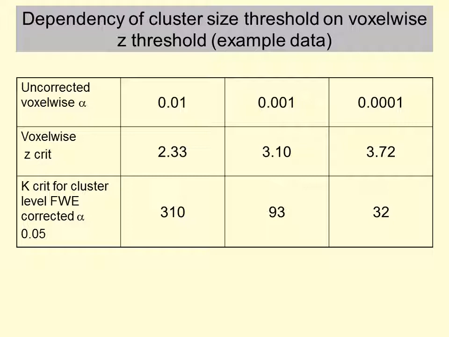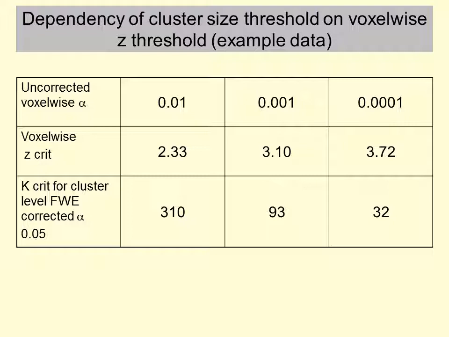So if you set your initial voxel-wise alpha low when you're doing the thresholding procedure, then at the second stage it's going to determine that you need big clusters to pass the critical value, and so you're going to miss small activations.